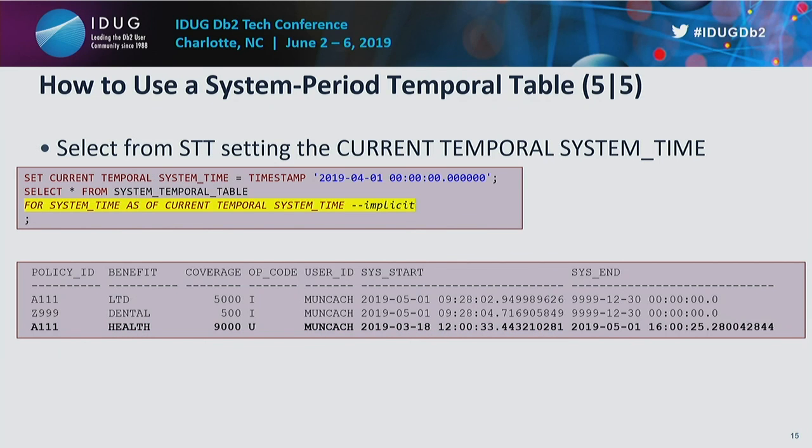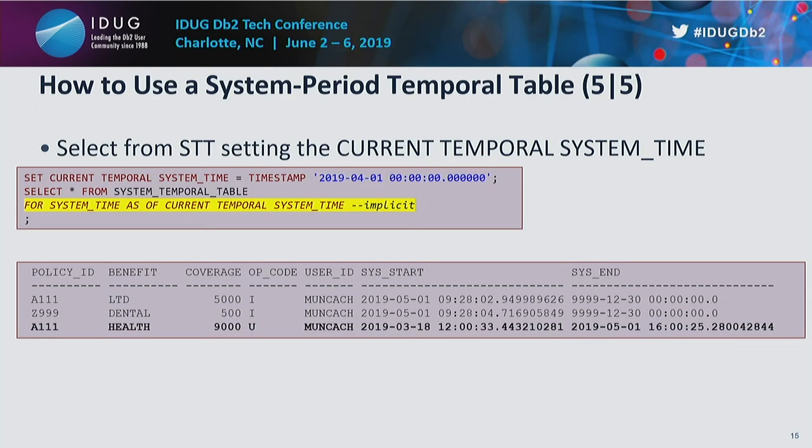And the last one is what most people will traditionally do in their queries or applications: you set your current temporal system time as of a timestamp, and then do your select. This is what I've marked in yellow here. It's implicitly added into your query for you, so you don't need to specify it in your query, because DB2 will pick it up from that global variable.